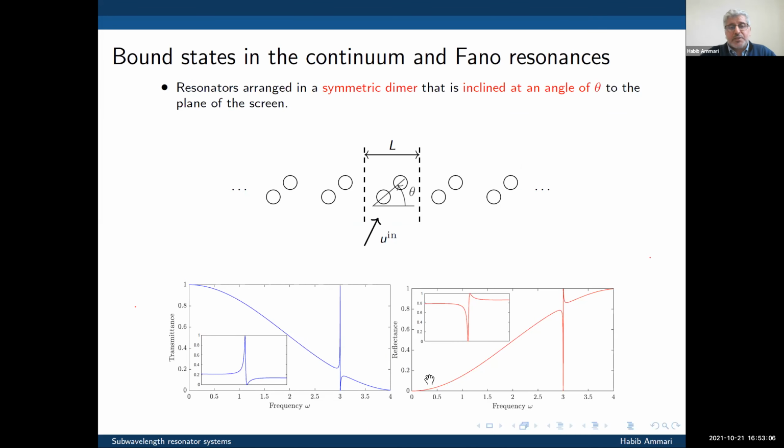Okay, sounds good. So the symmetry is broken slightly, and from one side the transmission behavior is not the same as from the other side. So, this is the Fano effect.